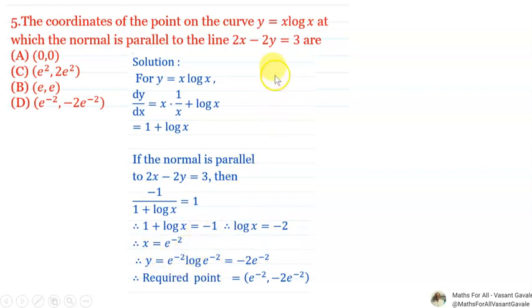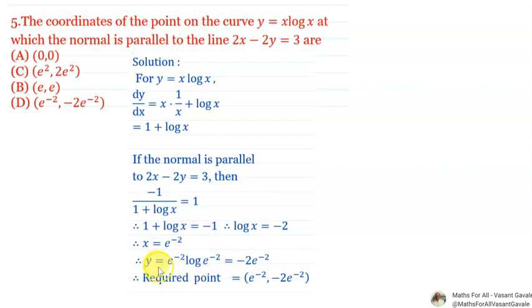Put x is equals to e raised to minus 2. Then you will get here y is equals to e raised to minus 2 times log of e raised to minus 2. Then what you will get here? That is equals to minus 2 times e raised to minus 2. And hence the required point is, म्हणजे काय हा -2 काय होणार तर तो पुढे येणार log of e to the base e इथे 1 येणार.